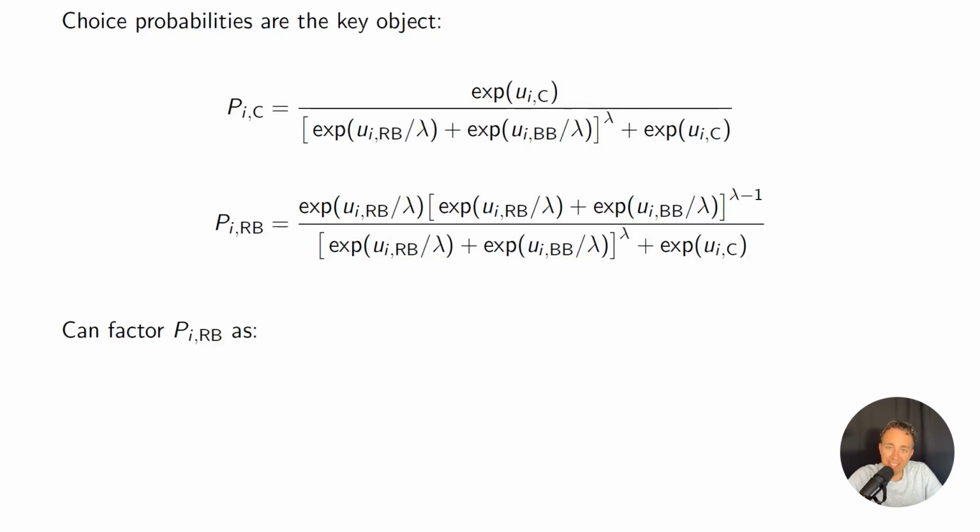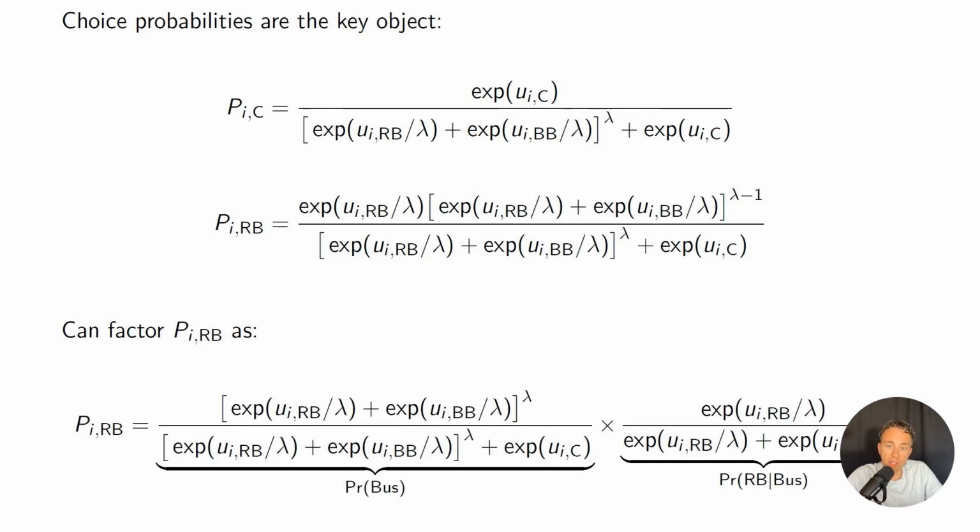complexity as well. But what's nice is that we can factor the probability of choosing red bus into intuitive components. So we can factor it into a term that's what's the probability that I take any bus at all times what's the probability that I choose a red bus given that I chose a bus. So right here, you can readily see that this is just a logit probability within the nest.